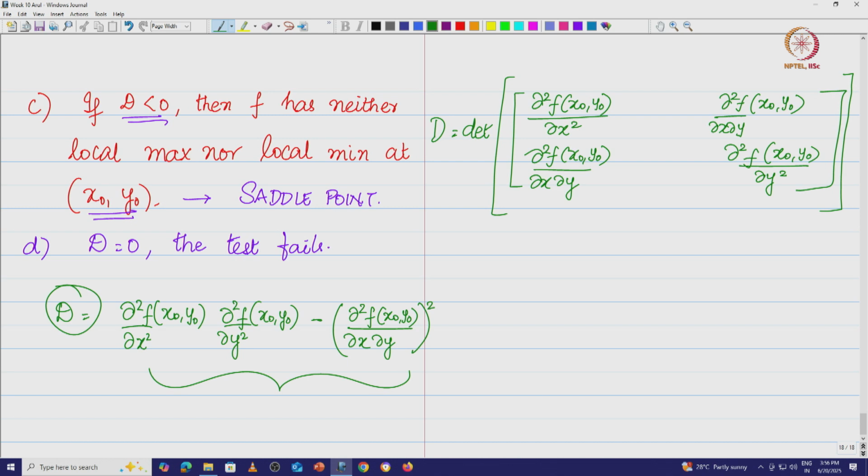So, when we want to have a local minimum, the Hessian matrix must be a positive definite matrix.